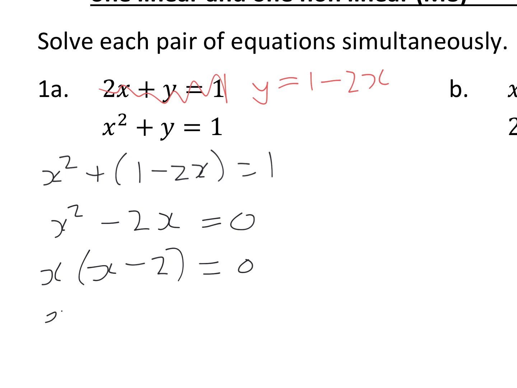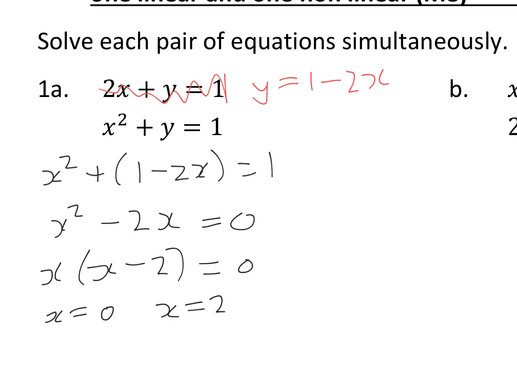And that means that either this x, which is like x minus 0 in a bracket, must be 0, or the second bracket is 0, x minus 2 must be 0, in which case x is 2.